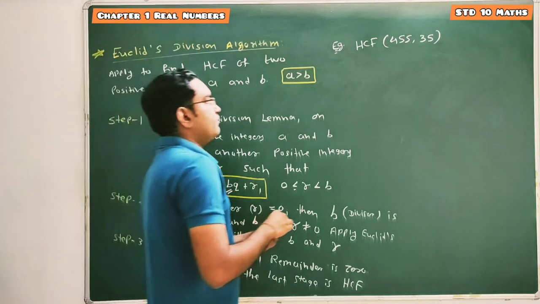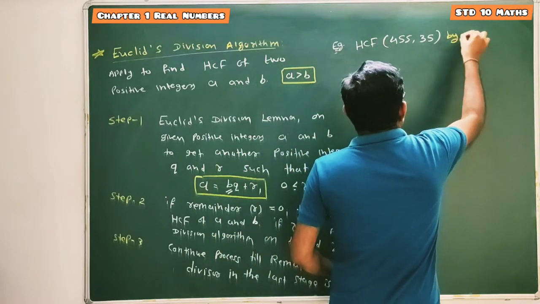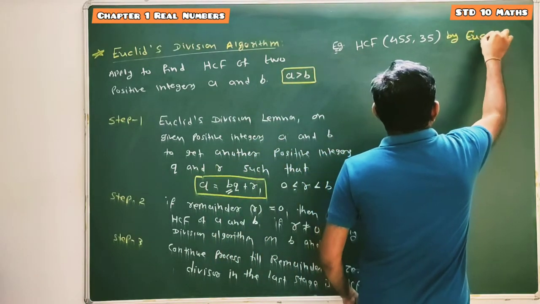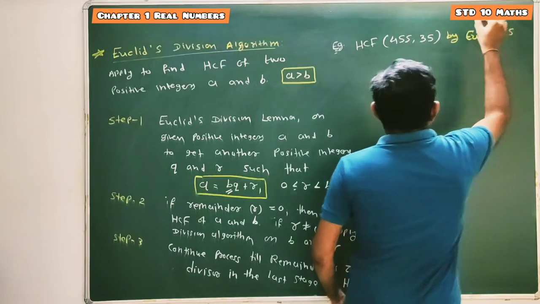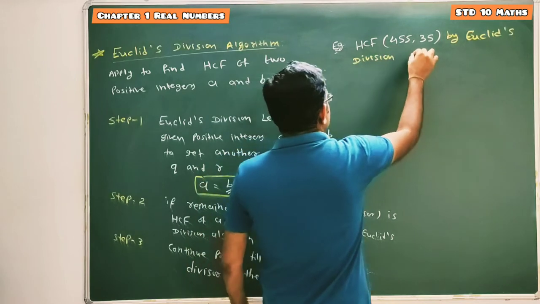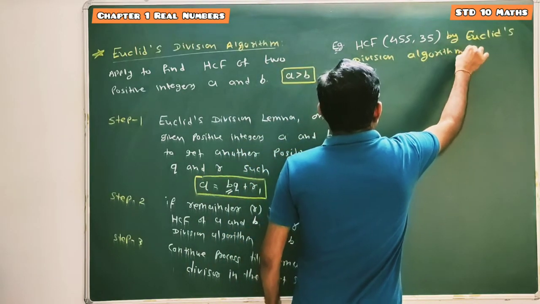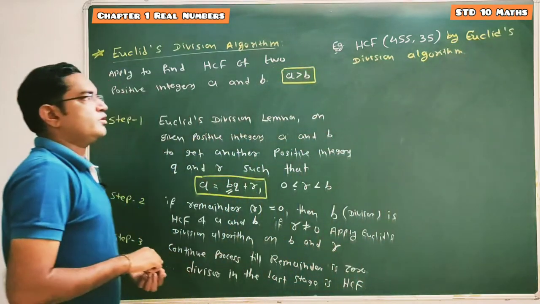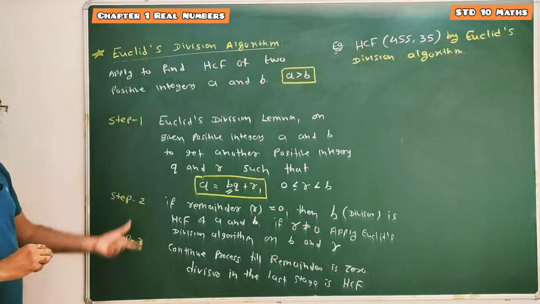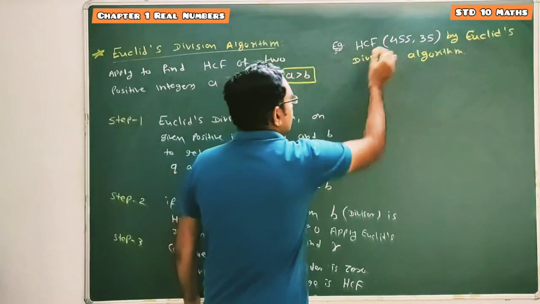So the question is to find the HCF of these given two numbers by Euclid's division algorithm. We have to apply this algorithm to find the HCF of these given two numbers.